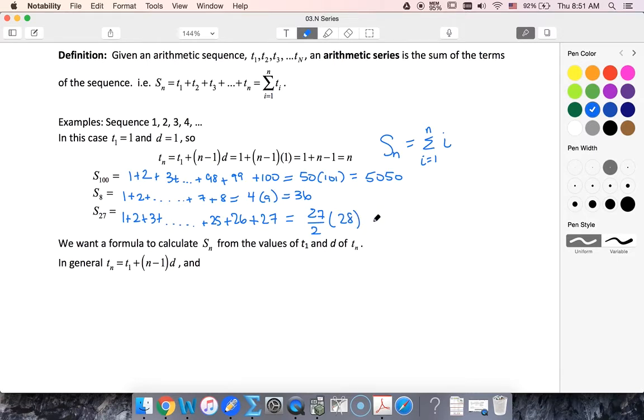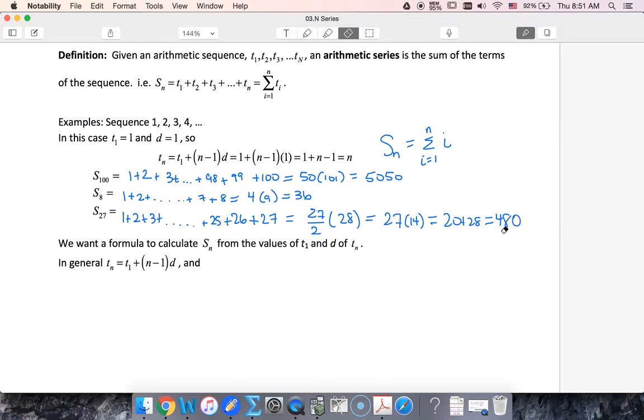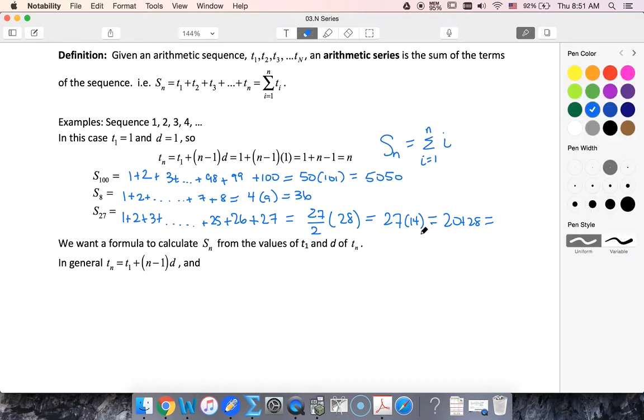So then I would need to do my math there, get 27 times 14, whatever that ends up being, 200 plus 28. That would be better, 228.